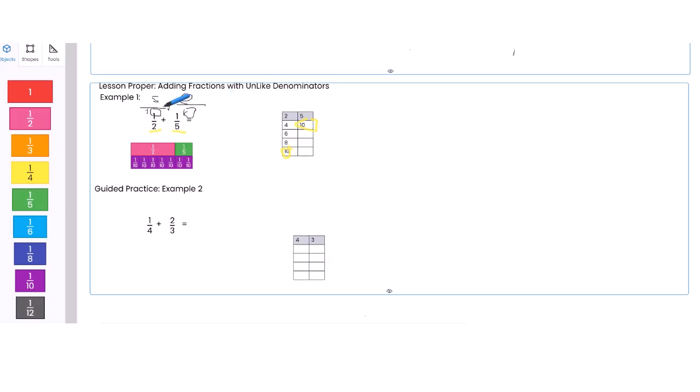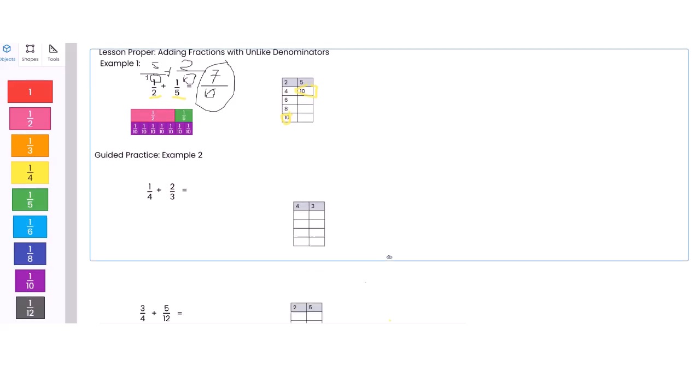So we now have the same denominators. 5/10 plus 2/10 would now be equal to 5 plus 2 is 7 over the least common multiple of the denominators, which is 10. So therefore, 1/2 plus 1/5 is equal to 7 over 10.